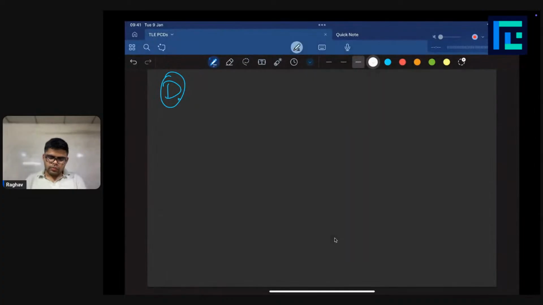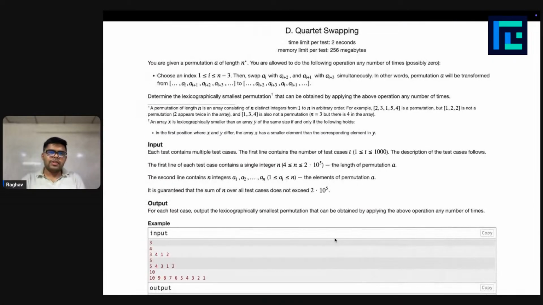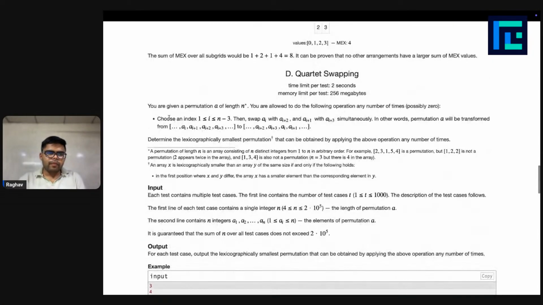So the D problem says we are being given a permutation A of length n. We are allowed to apply the operation any number of times, possibly zero. In the operation, we choose some index i, then swap A_i with A_(i+2) and A_(i+1) with A_(i+3).